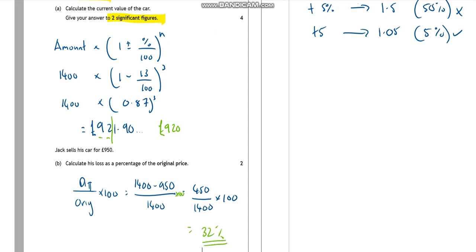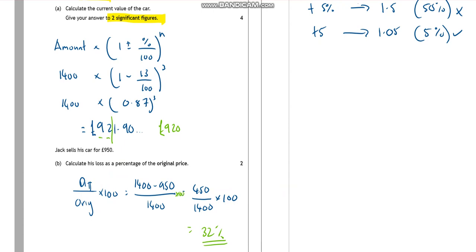So, difference over original. There's a few different percentages. There's the compound, and there's difference over original, which is, if it's profit, you should be thinking of that as well. It's a change in percentage, difference over original. And the other one you might do is reverse the change, if something's lost or gained a percentage.